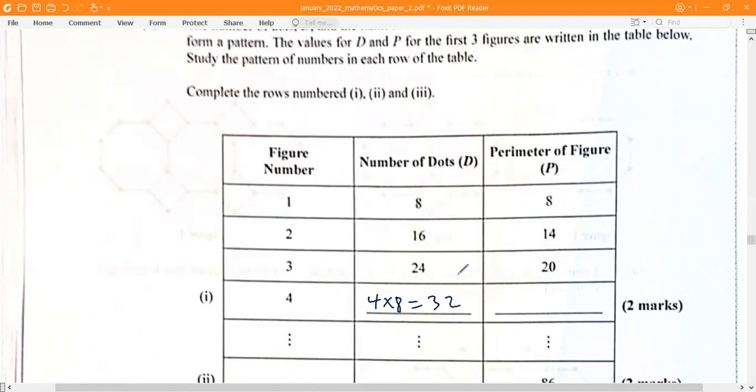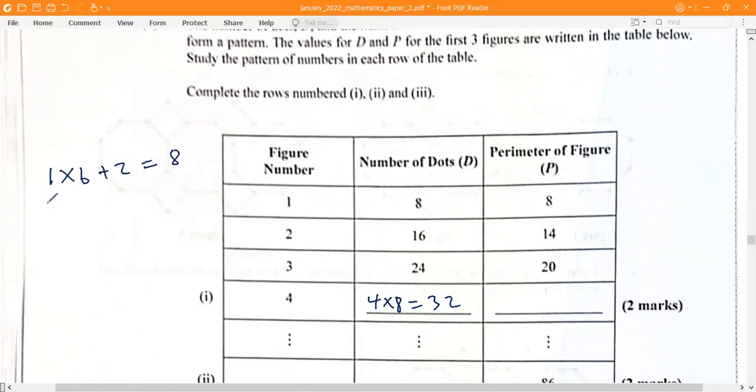All right, let's look at the perimeter of the figure now. Now let's look at the relationship between the first column, the figure number, and the perimeter of the figure. By observation, if I multiply 1 times 6 and add 2, I get 8.